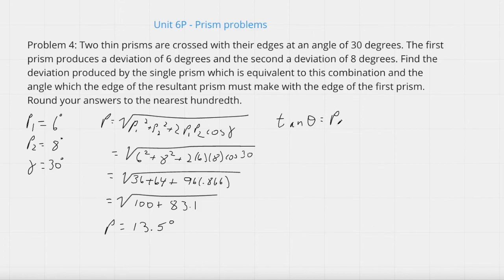Okay, to solve for theta, we use the formula tan theta equals P2 sine gamma over P1 plus P2 cosine gamma.